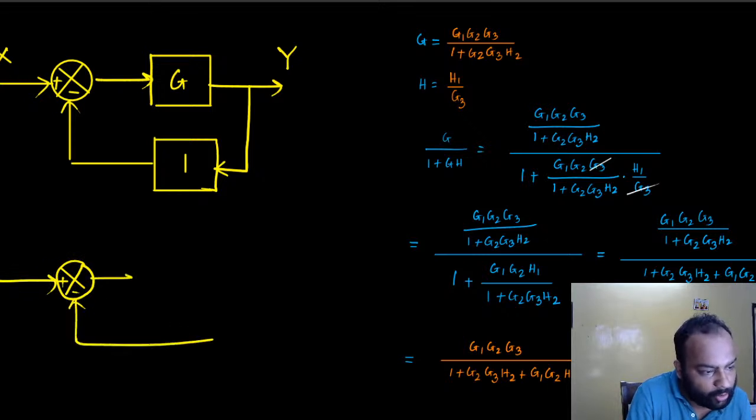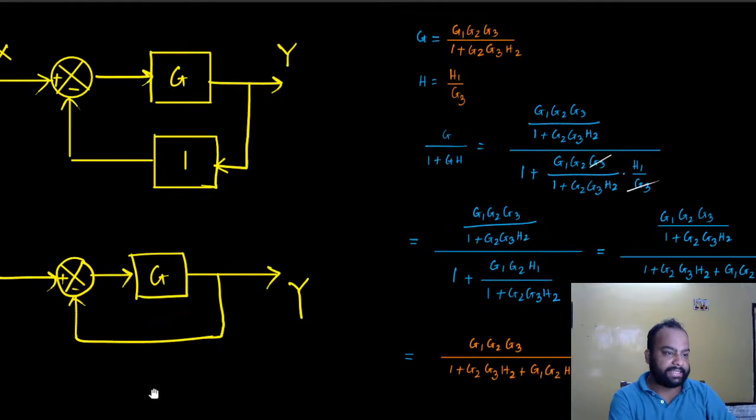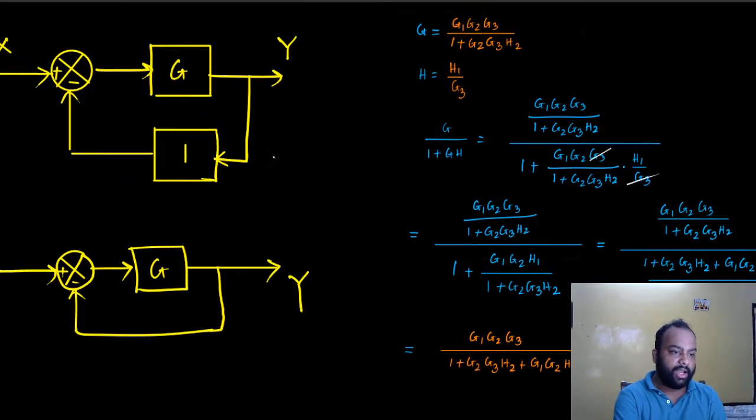This is equivalent to this configuration, right? Saying this and saying this are equivalent, because at the end of the day y is the signal here and I'm multiplying y with 1, so I have y here, and in this simple diagram I have x coming in here and y coming in here.